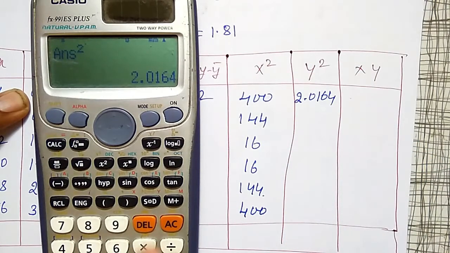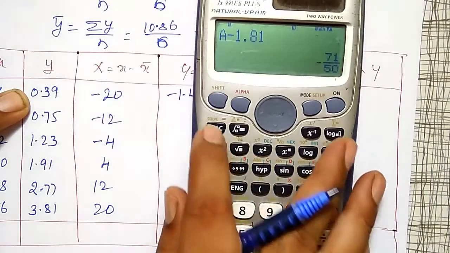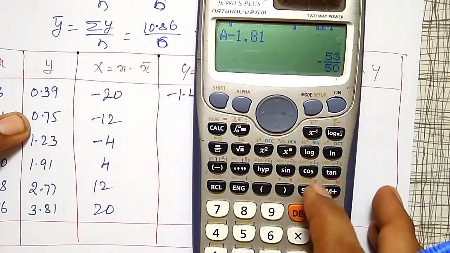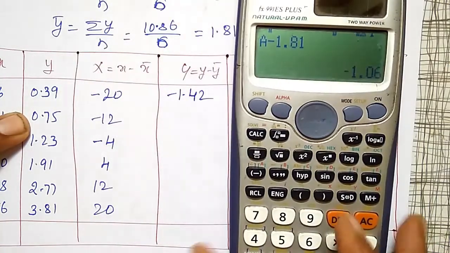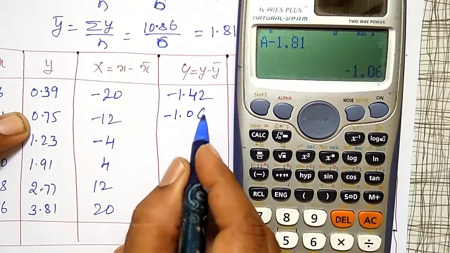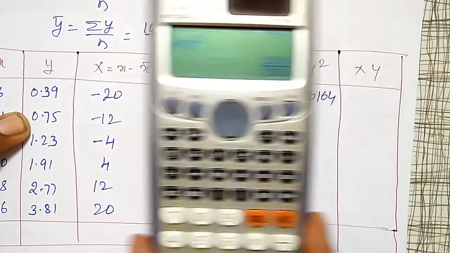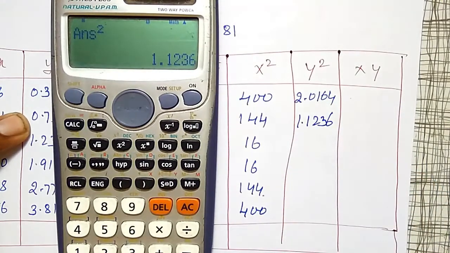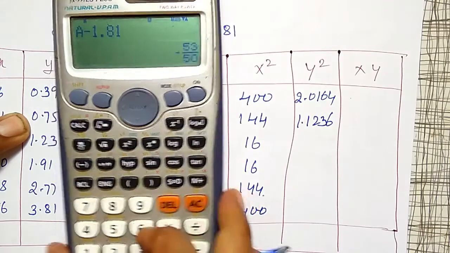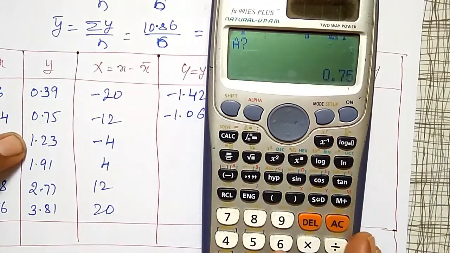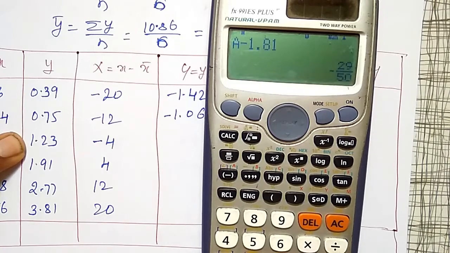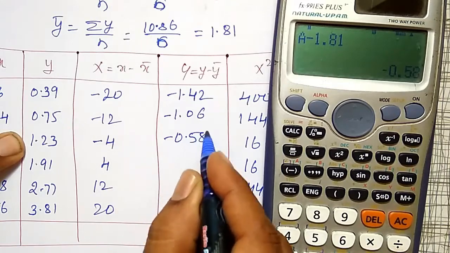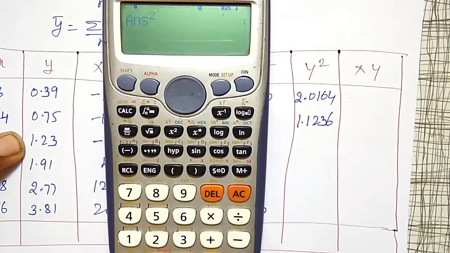Next, 0.75 minus 1.81 is minus 1.06, and its square is 1.1236. Next, 1.23 minus 1.81 is minus 0.58, and its square is 0.3364.